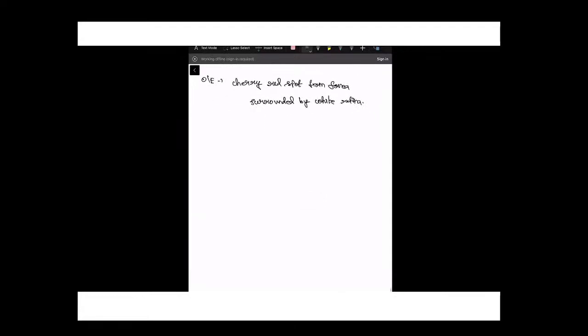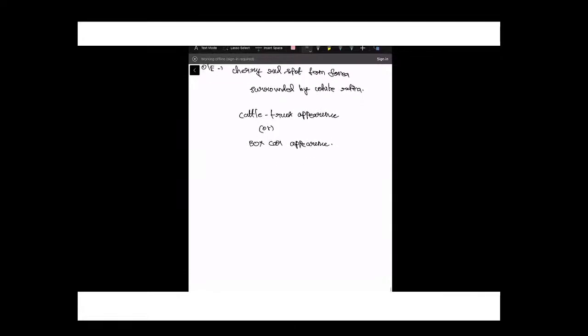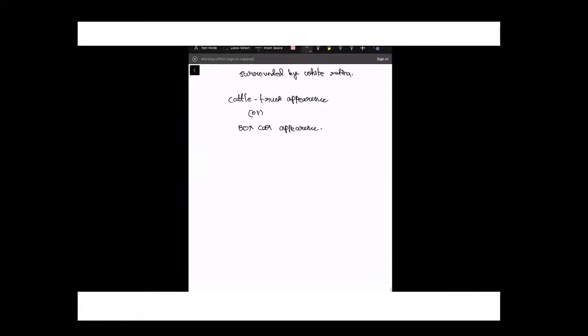There is cattle truck appearance or a boxcar appearance. This is because of the discontinuity in the blood column in the artery.